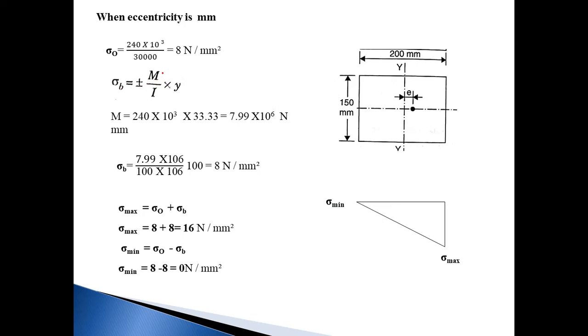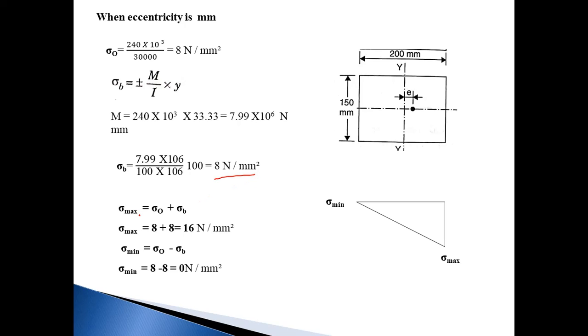So sigma b is equal to M upon I into y. So M becomes 240 into 10 raised to 3, that is P, into e, 33.33, which is equal to 7.99 into 10 raised to 6 Newton mm. So sigma b is equal to M upon I into y. So sigma b becomes 8 Newton per mm square.